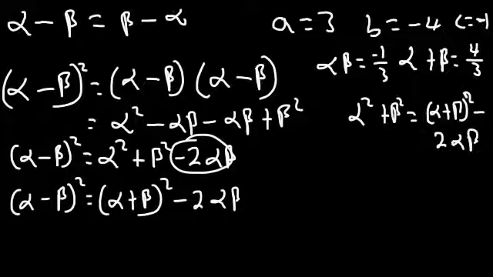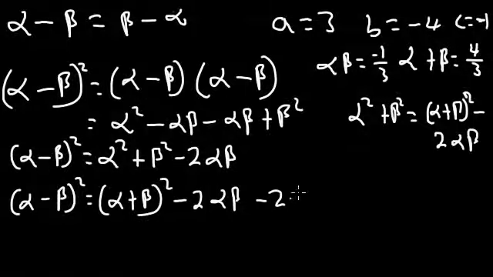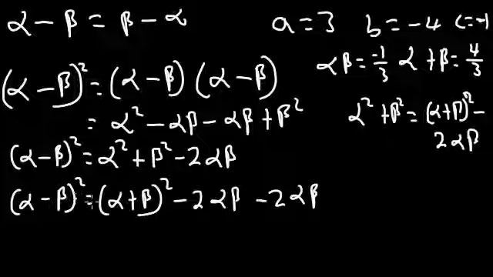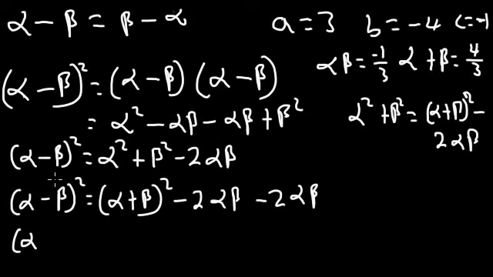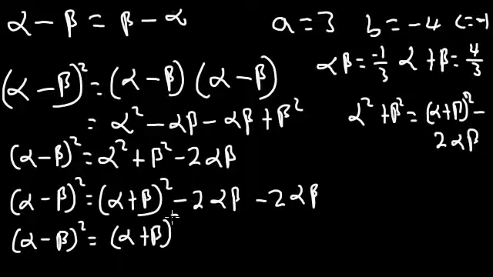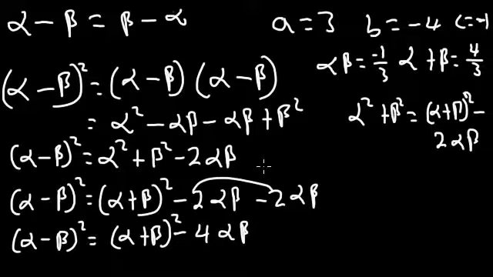But this is still there: minus 2 alpha beta. Since they are like terms, we can add them up, and eventually we have alpha minus beta all squared equal to alpha plus beta all squared minus 4 alpha beta, as negative 2 plus negative 2 gives us negative 4.